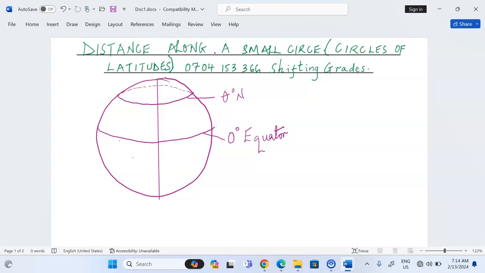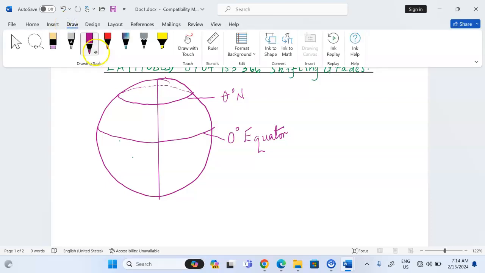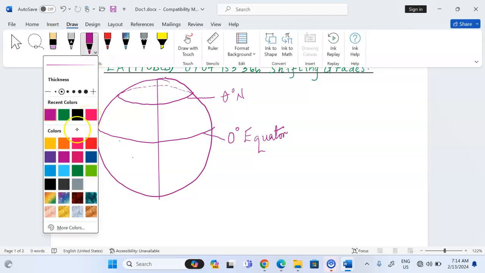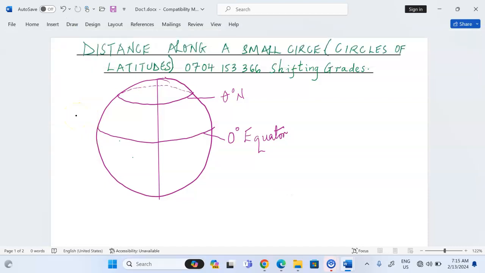If it was a longitude like this, yes, this is a longitude. For longitudes, if a point is on a longitude, from here to a point at this point, we usually use the formula for the length of an arc.